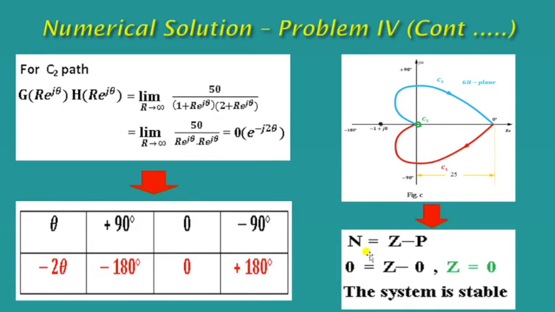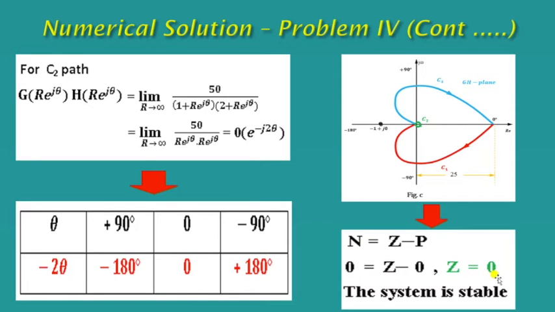Then find the stability of the system. Since this minus 1 plus j0 critical point is not encircled by this closed contour, that is N equal to 0, and there is no right hand side open loop pole, that means P equal to 0. So total Z equal to 0.